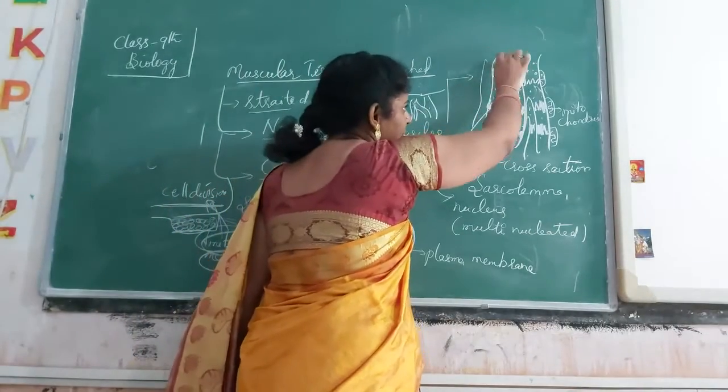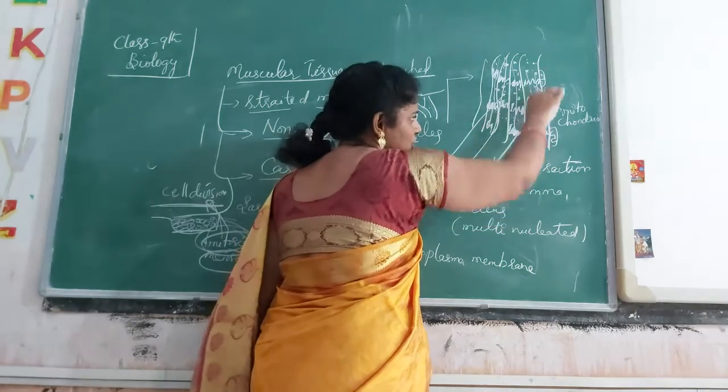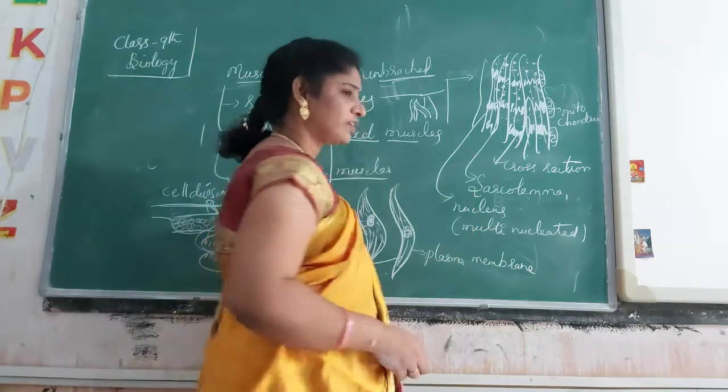Here this is completely one muscle with stripes; they are not branched. So these are unbranched striated muscles.